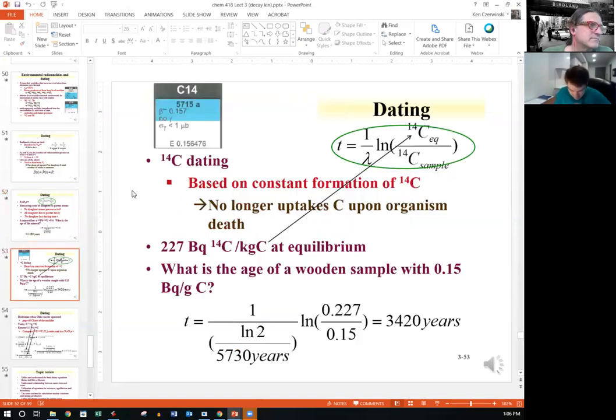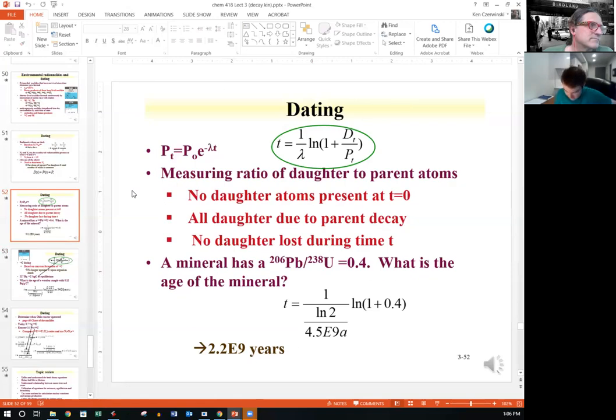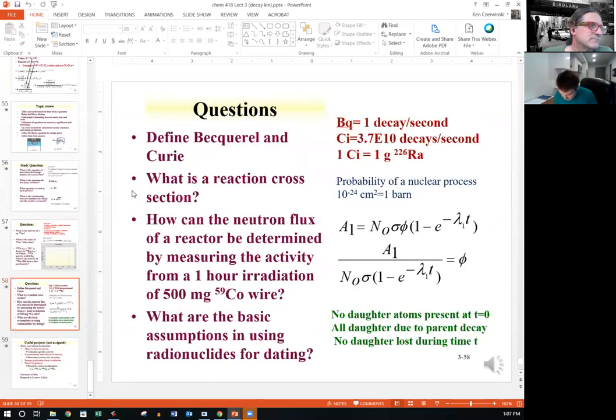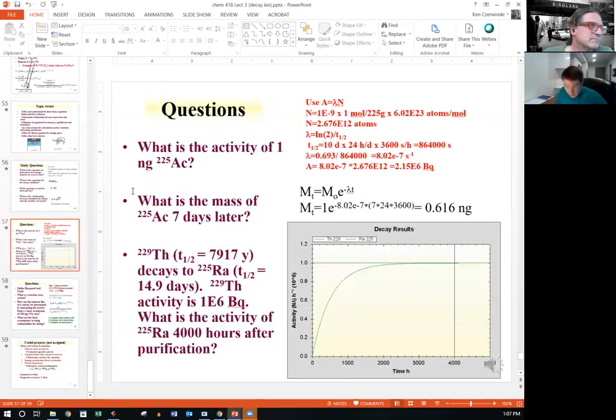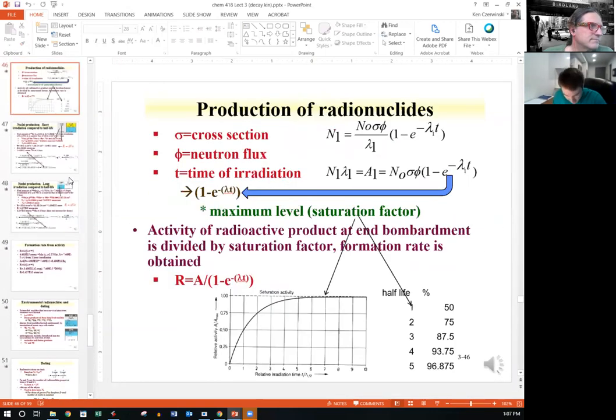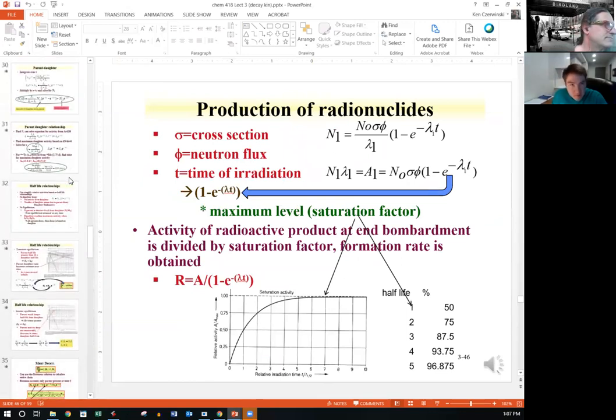Let me just check something. When we're considering mixtures of radionuclides, we had a nice plot towards the beginning of lecture 3, part 1.